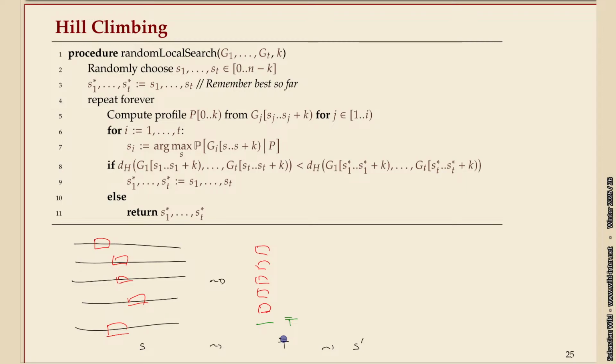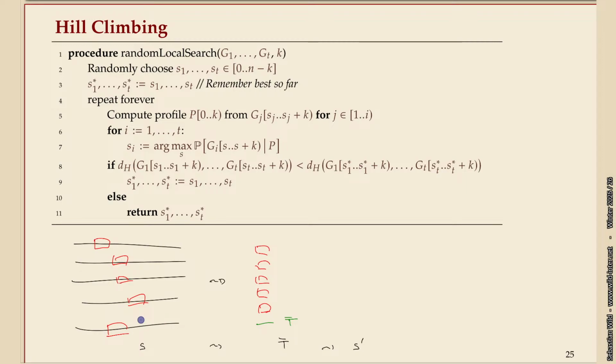It can never go worse by definition. I'm choosing the update from S to T bar so that it exactly is the best choice for T bar, and that if I pick the optimal T bar, that gives me exactly the definition of this DH. And if I go from T bar and find a better placement of these red things, that also is only going to reduce the cost.